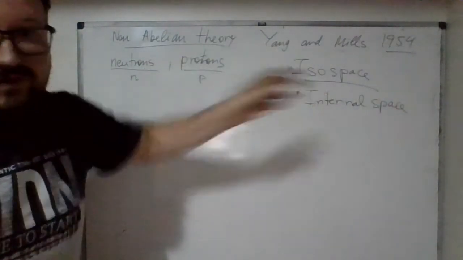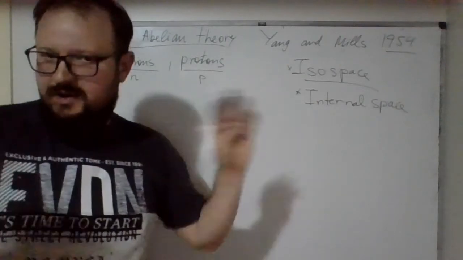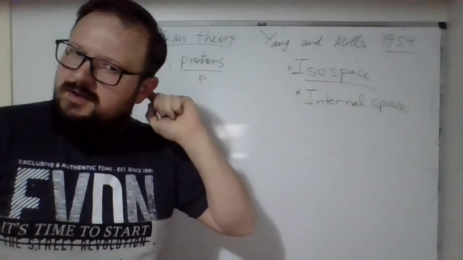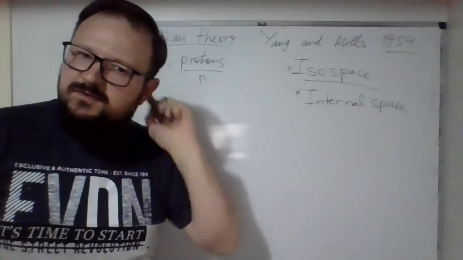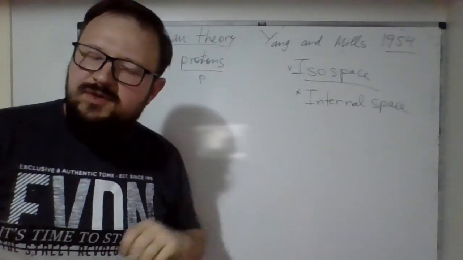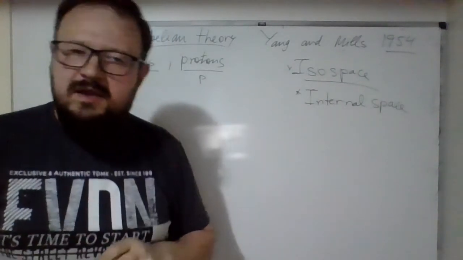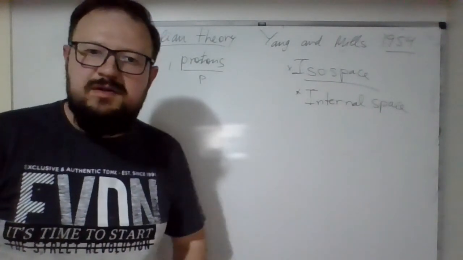And the Young and Mills theory, the general theory is wrong for several reasons, but it is the starting point for constructing non-abelian theories, which today describe the standard model of elementary particles.